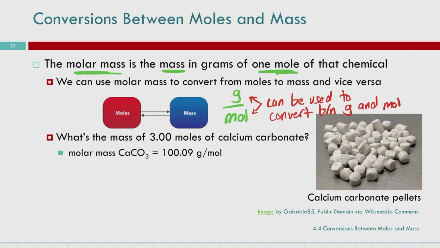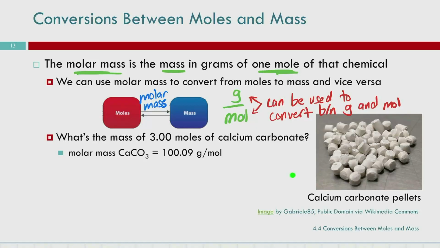That's a common theme. Anytime that you've got 2 units in something, like density has grams over milliliters or grams over cubic centimeters, you can convert between those 2 units. So we want to convert between moles and mass. We use molar mass. You can go both ways.